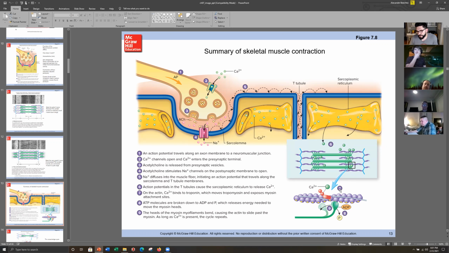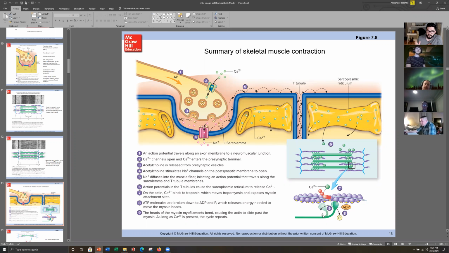So with the addition of calcium from the sarcoplasmic reticulum here, that calcium transforms the shape of the troponin-tropomyosin complex on actin. The calcium binds to troponin. The troponin causes a physical change in the shape of the tropomyosin protein that's normally protecting all of these active sites.